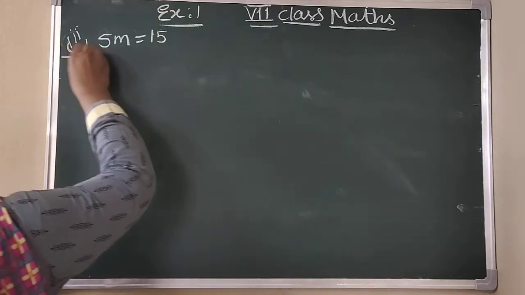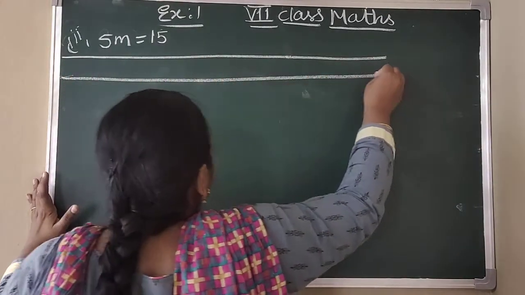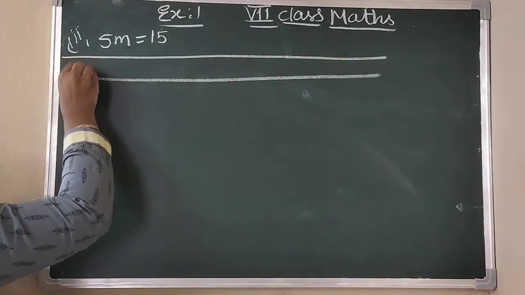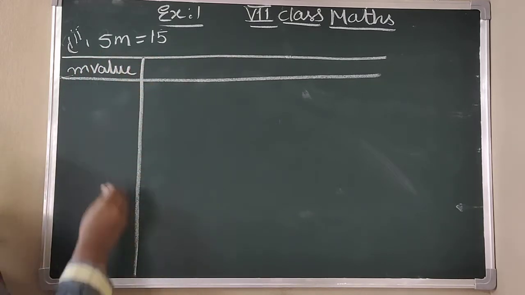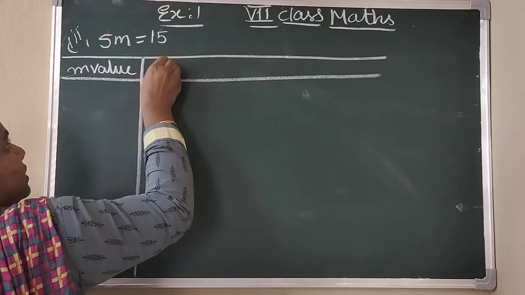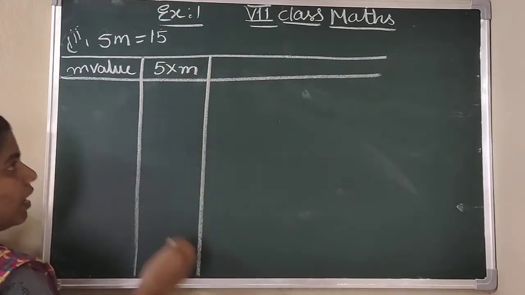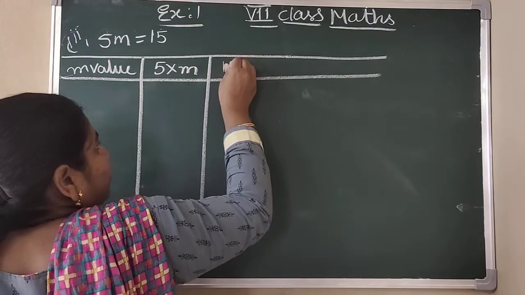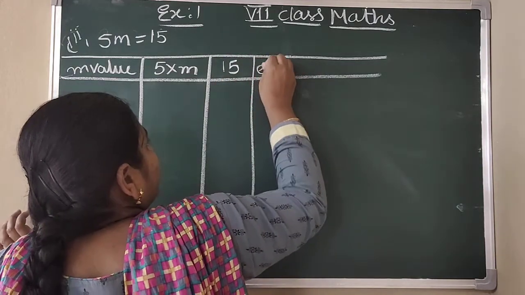So again draw a box. First is the m value we are finding. Next is the LHS part, that is 5m, which is nothing but 5 into m. The RHS part is what? 15. Next is equal or not equal.